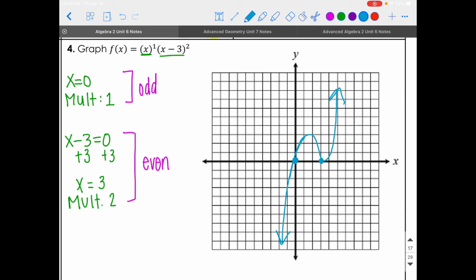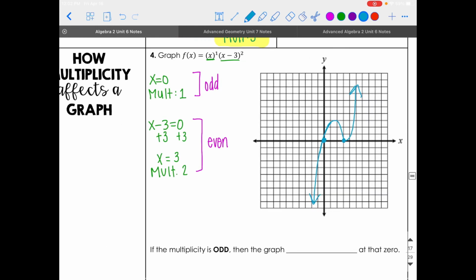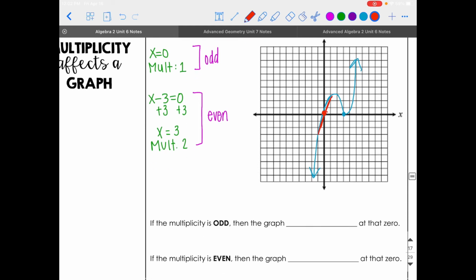So the multiplicity tells us something about what the graph does at that x-intercept. So my first x-intercept right here at 0, that was an odd multiplicity. And notice how the graph actually crosses through the point.